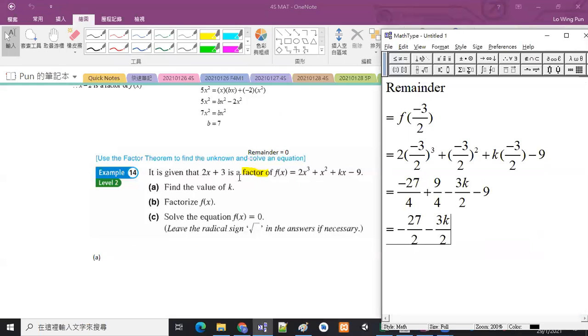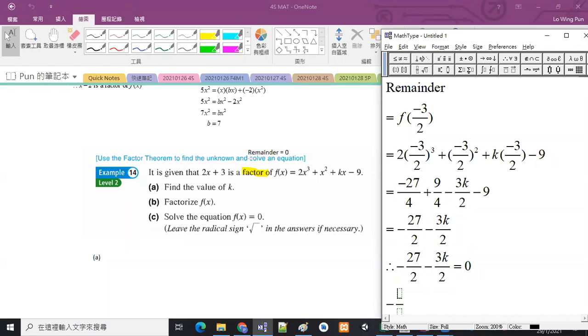But the question has told us that 2x plus 3 is a factor of f(x). Therefore, we can put our remainder equal to 0 and solve this equation.